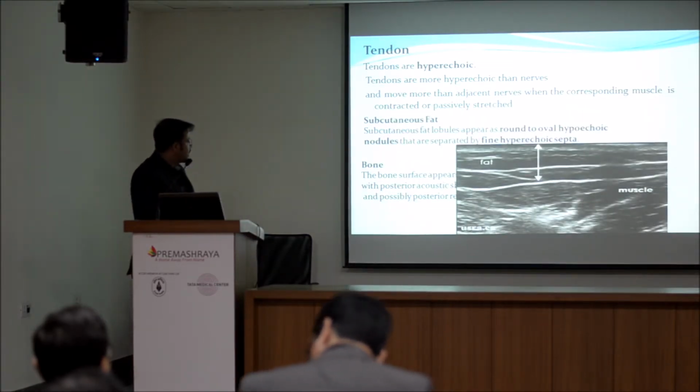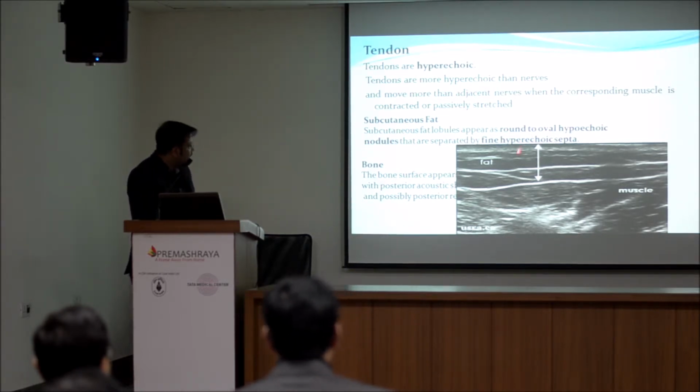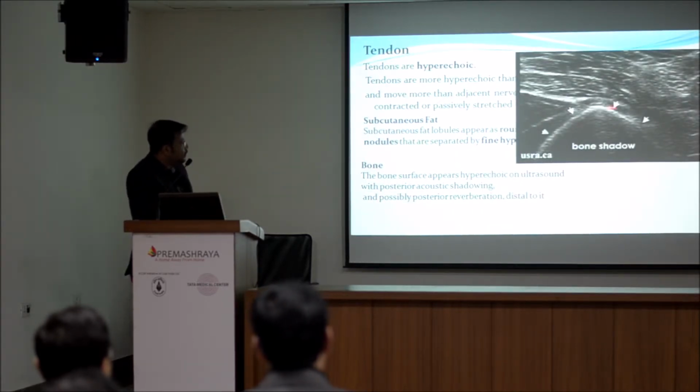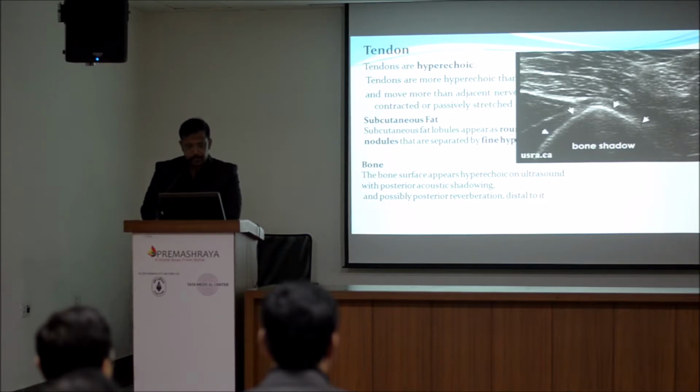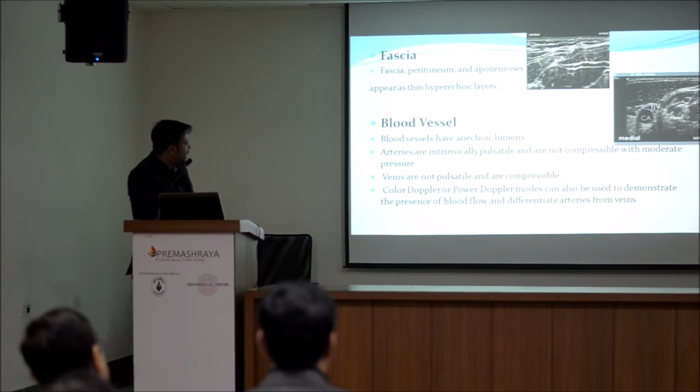Subcutaneous fat appears as round oval hypoechoic structures, but you will find fine hyperechoic septa separating it. And bone will appear bright hyperechoic, followed by a posterior acoustic shadow. Fascias always appear as a thin hyperechoic line.